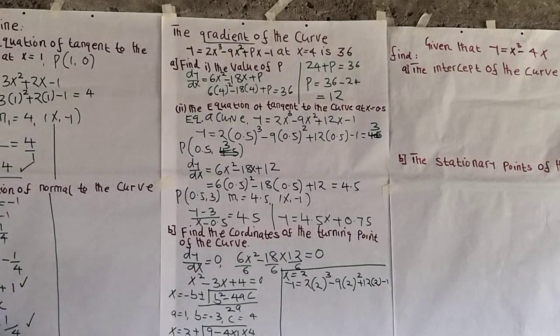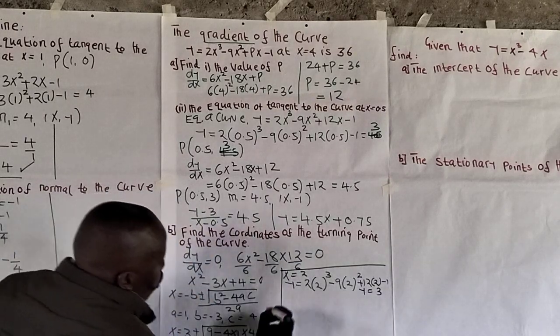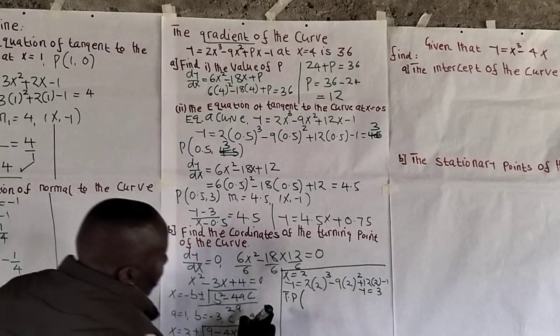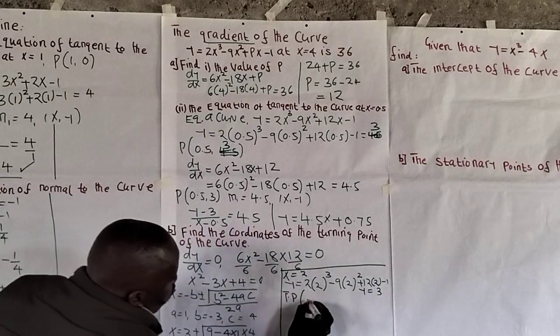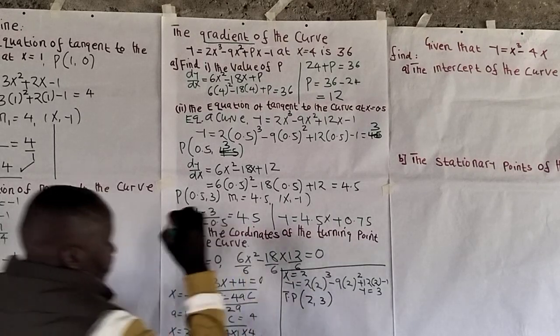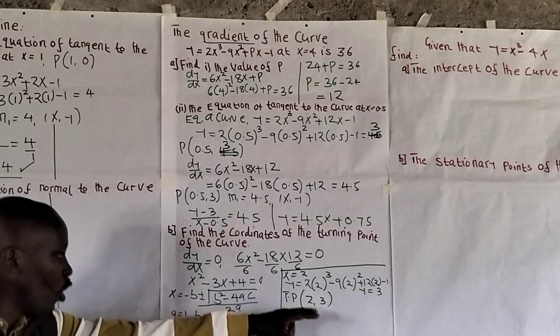If you substitute there, you get that the value of y is equivalent to 3. So the first turning point of the curve is 2, 3.